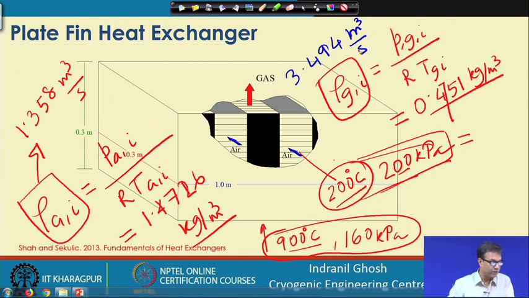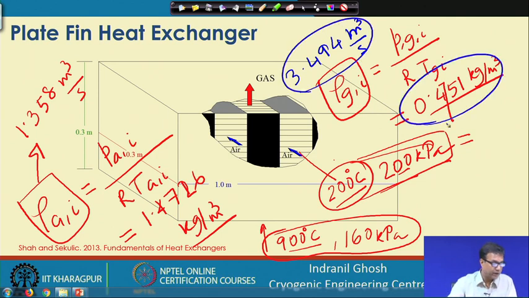So, we can now calculate the mass flow rate of the gas side by multiplying this flow rate by this density. That will give the mass flow rate m_g equals 1.66 kg per second.